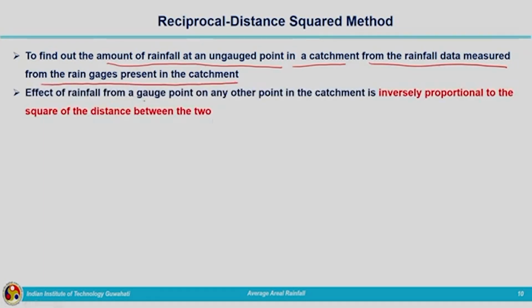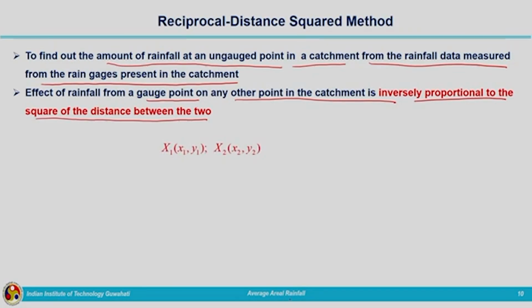The effect of rainfall from a gauge point on any other point in the catchment is inversely proportional to the square of the distance between the two. We have a particular point which is ungauged, and at another location we have a rain gauge present. Consider points X1 and X2 represented in a Cartesian coordinate system.